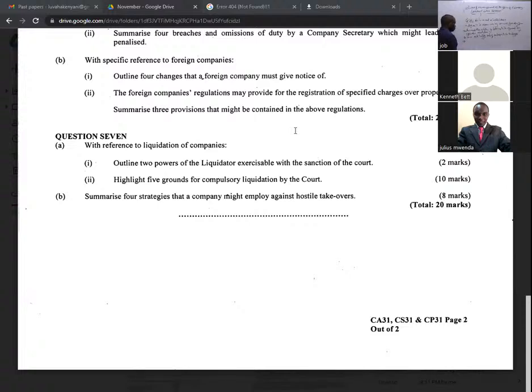Then also what they can do is borrowing, to shy away the predator firm.